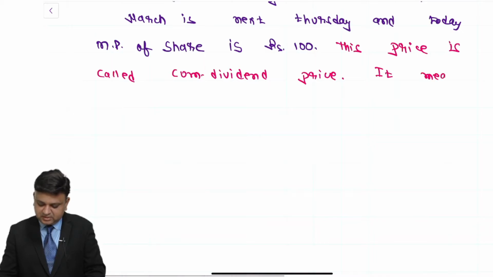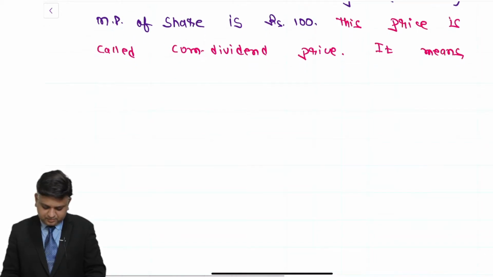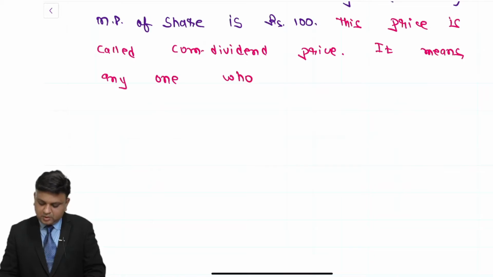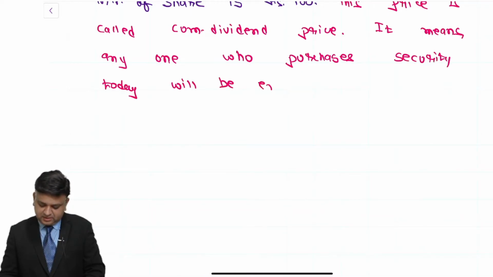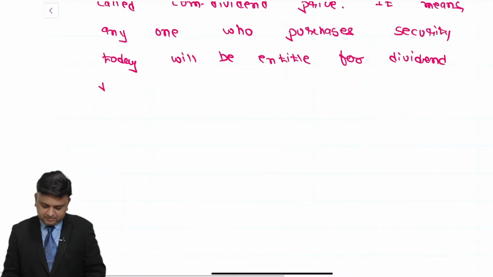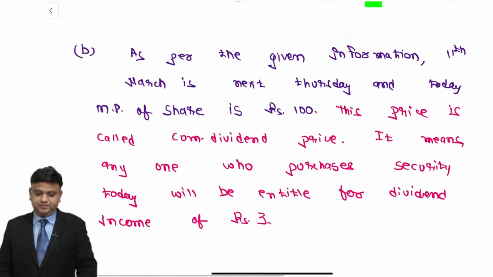It means anyone who purchases the security today will be entitled for dividend income of rupees 3. Full stop.